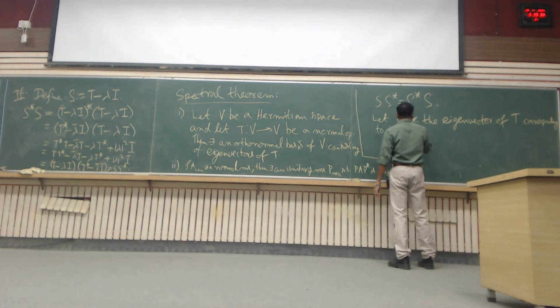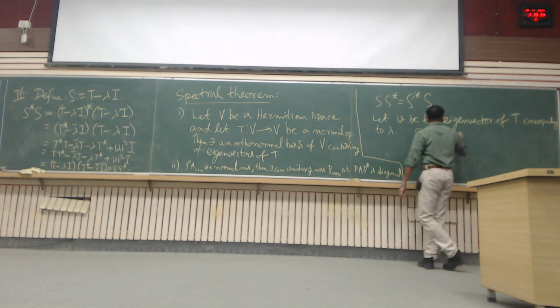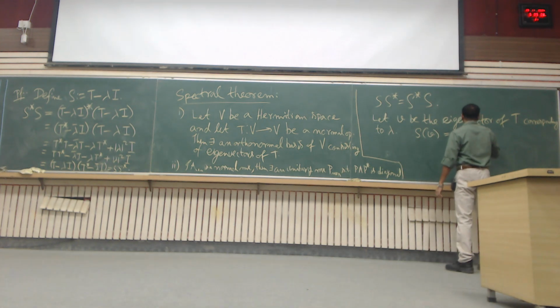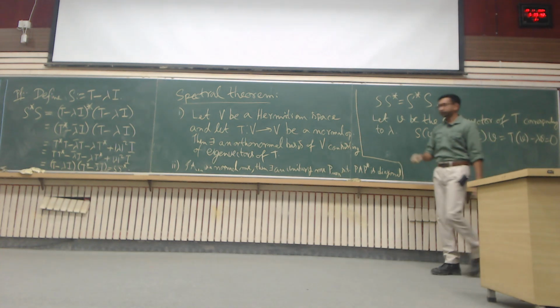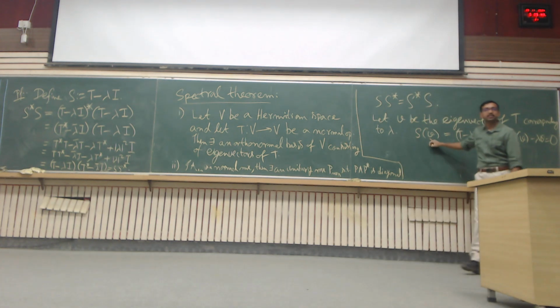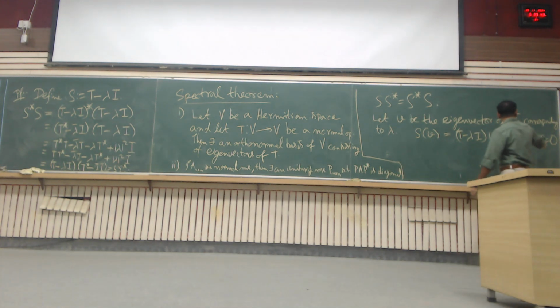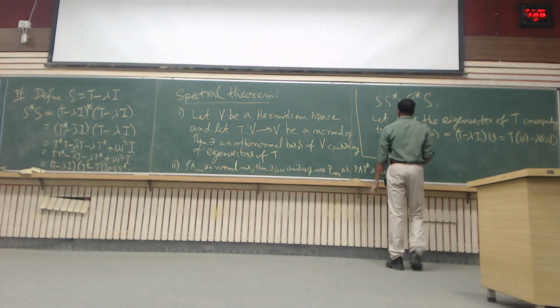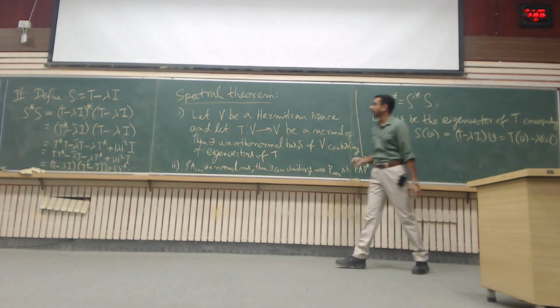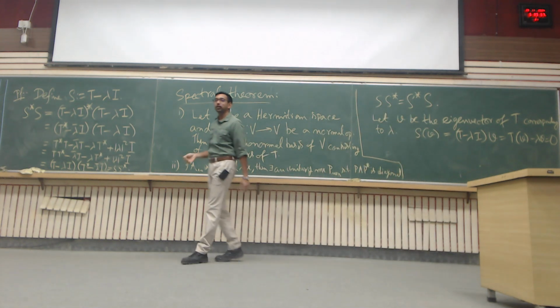That would mean that S of V is equal to T minus lambda I of V, which is equal to TV minus lambda V, and that is equal to 0, right? So V is an eigenvector of S as well, corresponding to the eigenvalue 0. It's sufficient to show that V is also an eigenvector of S star with eigenvalue 0.